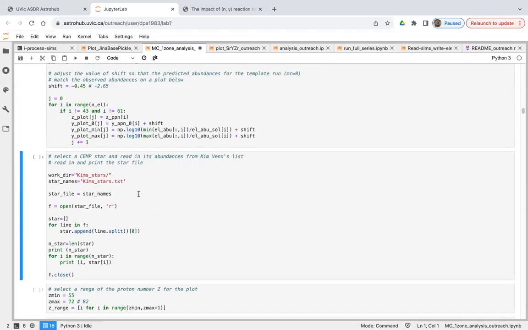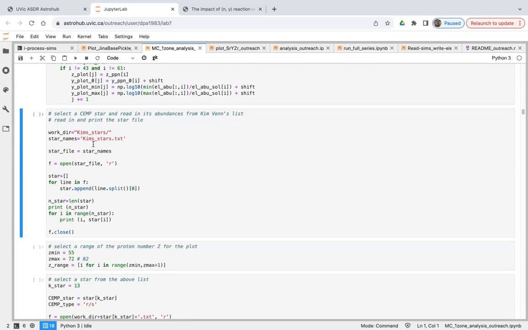Okay, so now I select for comparison with the predicted abundances one of the CEMP stars from this directory. It's called Kim's stars because Professor Kim Wen at our department has prepared abundances for the CEMP stars, so these are not JINA-based stars.